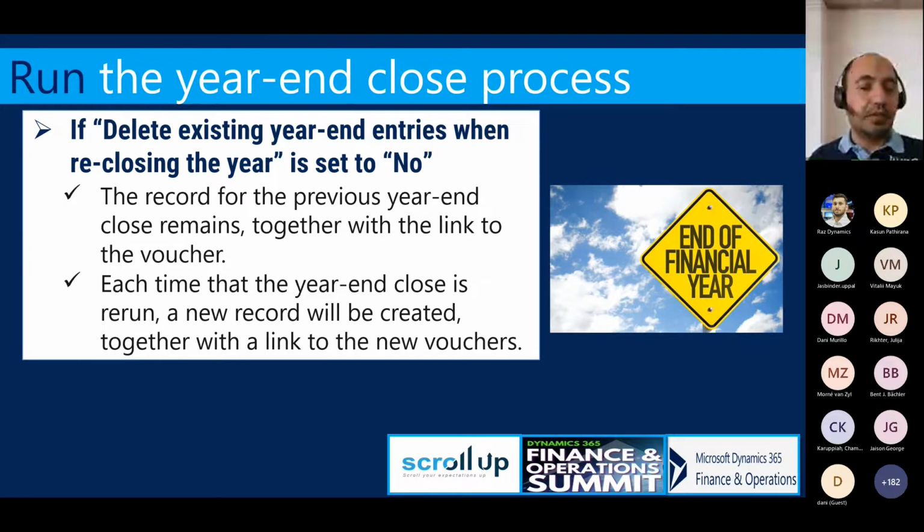That's the easy part. If you have yes, the voucher is removed and a new one is generated again. If it's set to no, the entry keeps the voucher and a new voucher is created for the difference only.